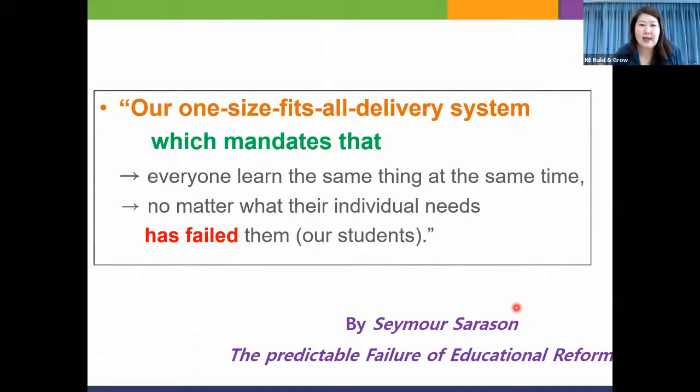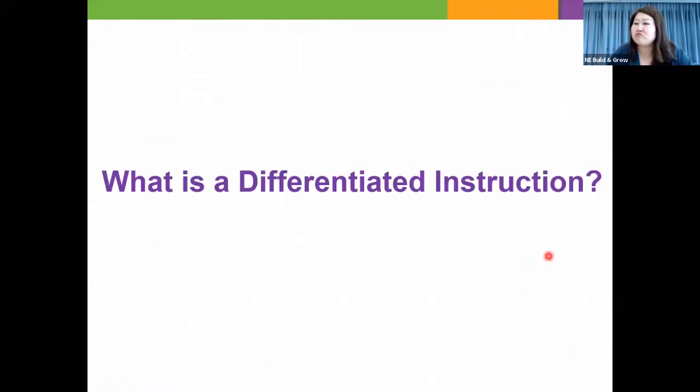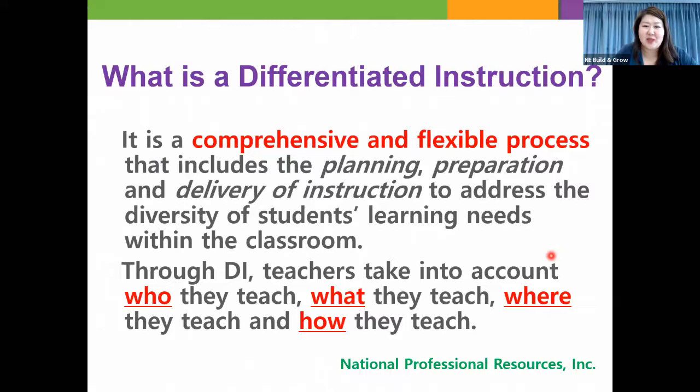So everybody has a different learning style, and on top of that, readiness, right? With everybody put into one system, we kind of failed. So now scholars, teachers, and parents are thinking about differentiated instruction. Then let's look at what it is.